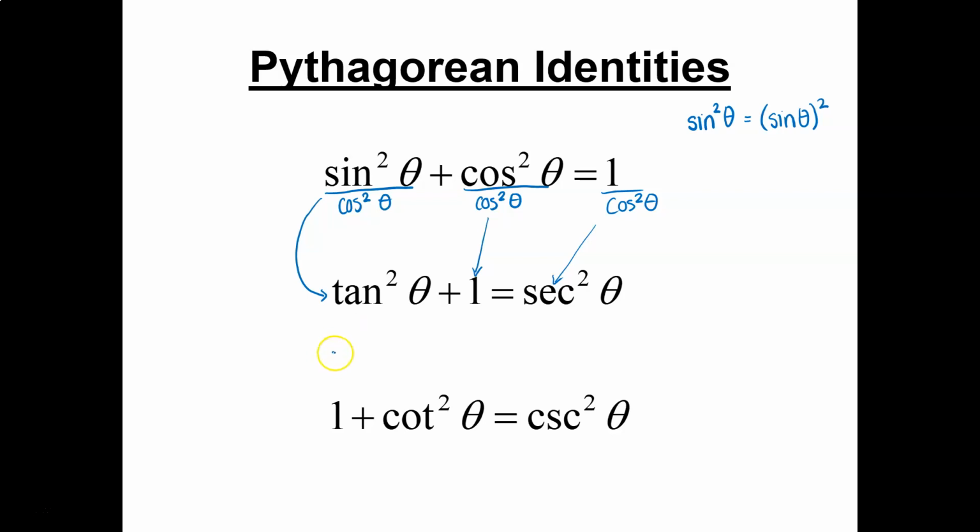The third one, you don't really have to memorize either, because if I start with that same thing again, this time if I divide everything by sine squared theta, this gives me 1, this gives me cotangent, this gives me cosecant.